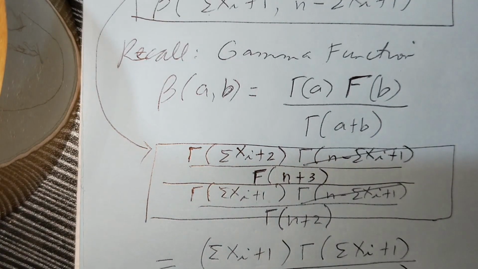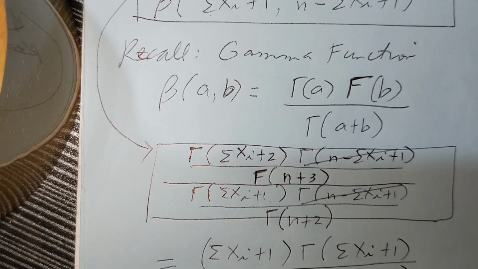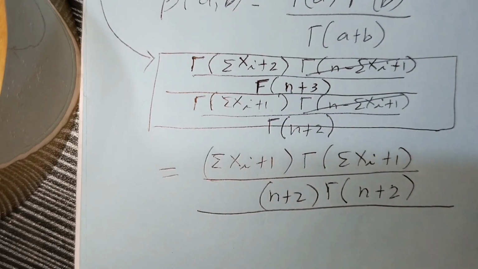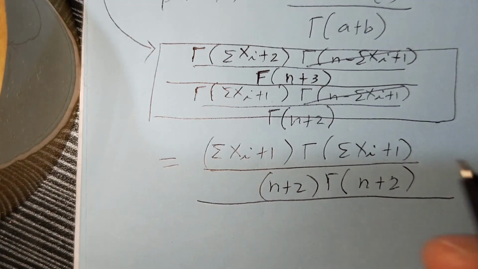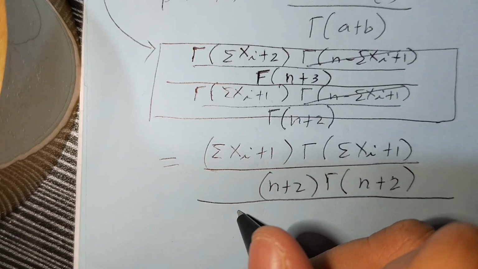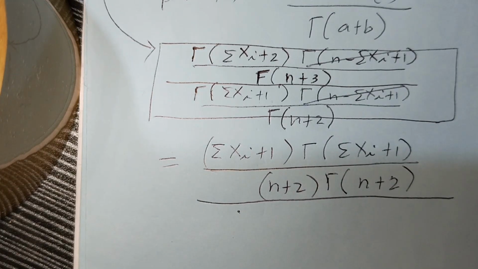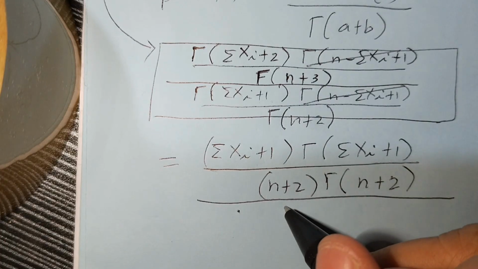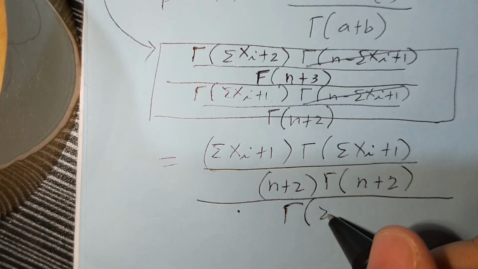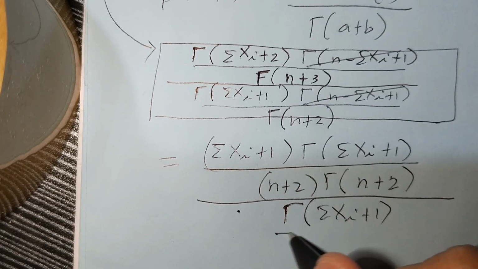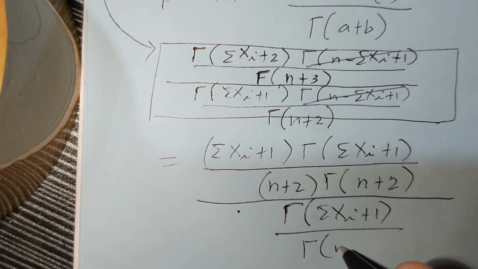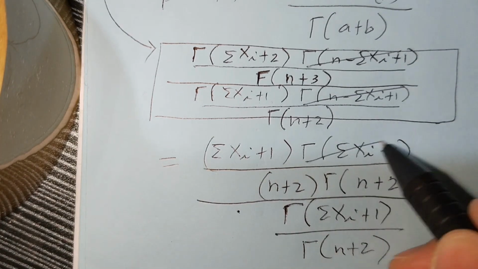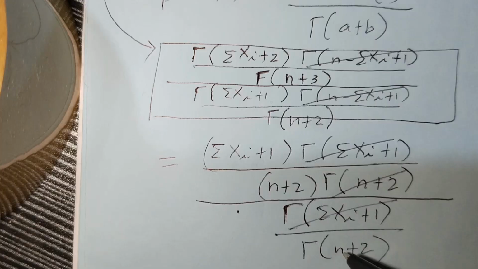Okay, all over. Let's not change the fraction in the denominator. So, we'll just copy gamma function of summation of x sub i plus 1 over your gamma function of n plus 2, so that we can actually cancel this and cancel that.